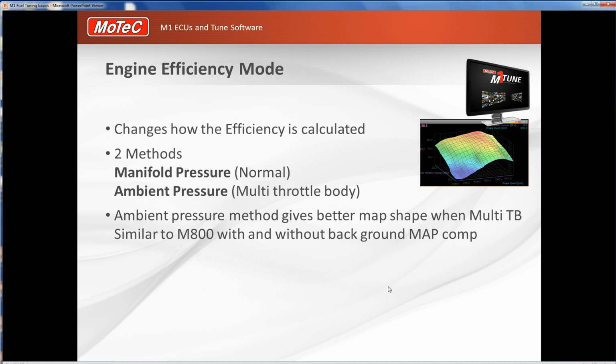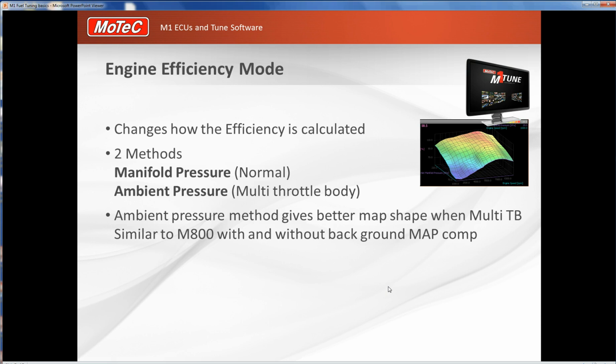Now there's actually an initial setup page, page 1 I believe, that gives you the choice of not using manifold pressure but using ambient pressure as the method of measuring efficiency. So instead of efficiency per kPa, it becomes efficiency per atmospheric pressure.